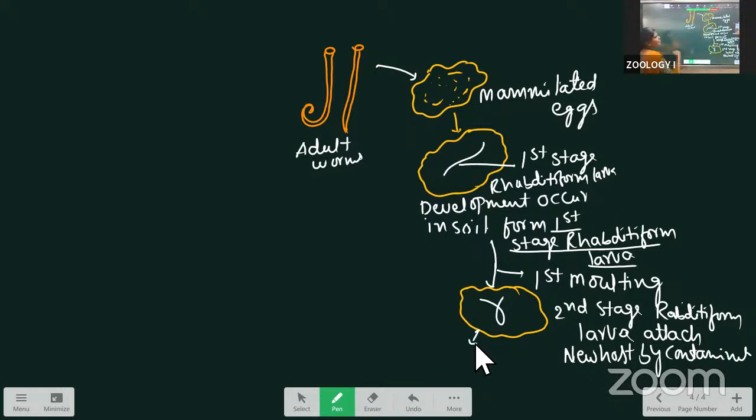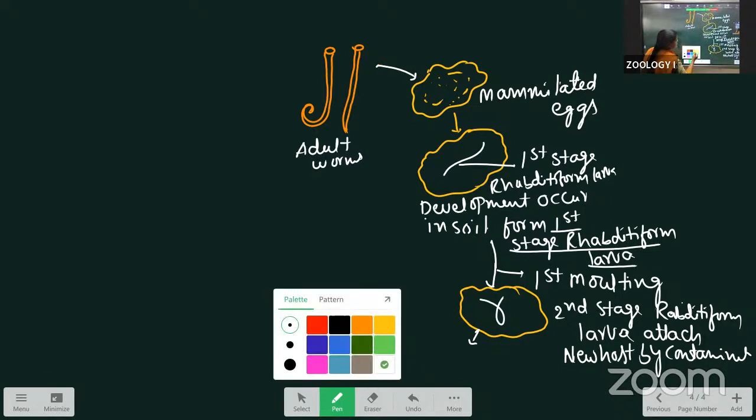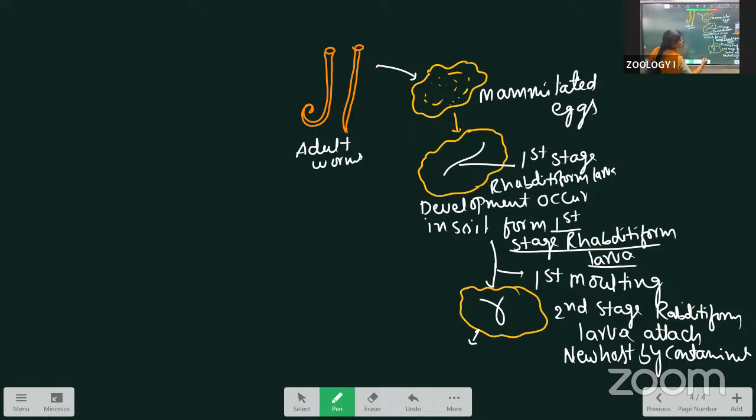Yeah, see this one? Here they enter into the new host, and inside the new host, they enter into the intestine. I draw it like here only.